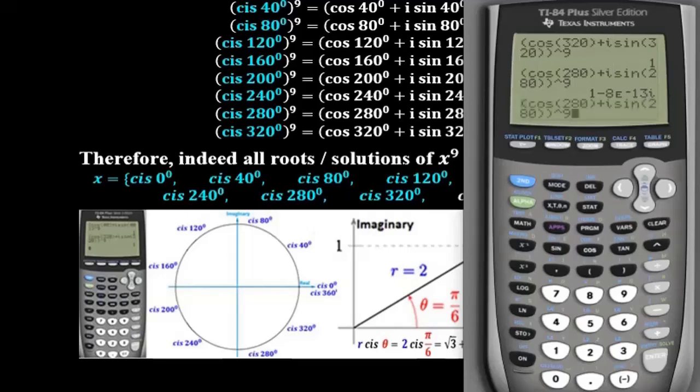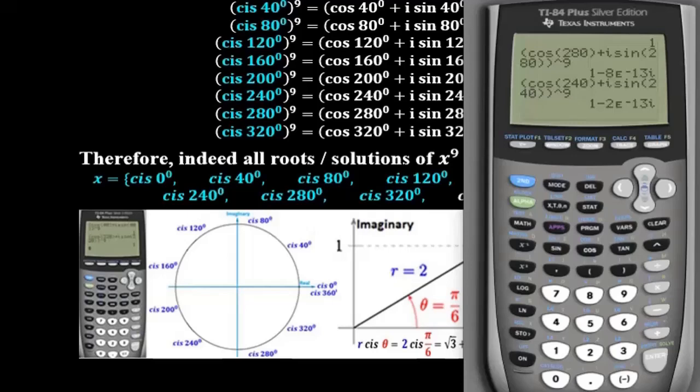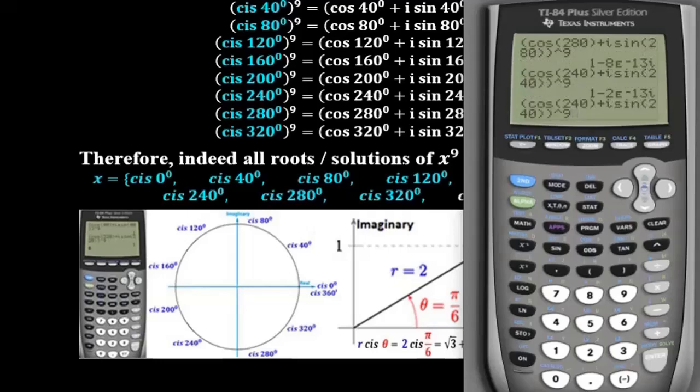Second enter, then change this to 240 degrees. This should give you 1. Again, it is 1 minus 2e to the minus 13, which is really 0. It is due to approximation, so this is really 1. Then change this to 200.